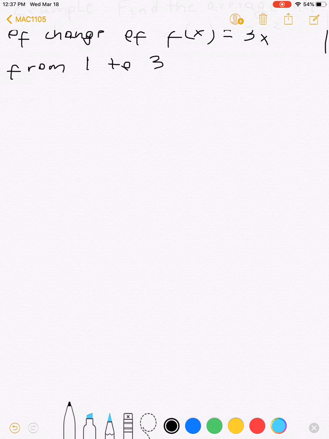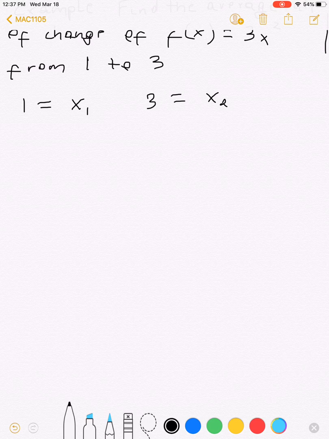Okay. From 1 to 3. So this is how we're going to do it, okay? 1 is technically our x1, 3 is our x2. So we need to find the average rate of change, which again, like I mentioned, is just slope.